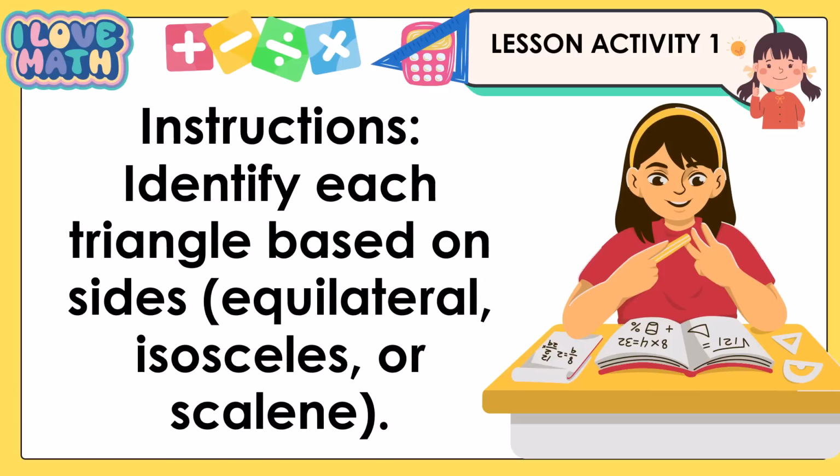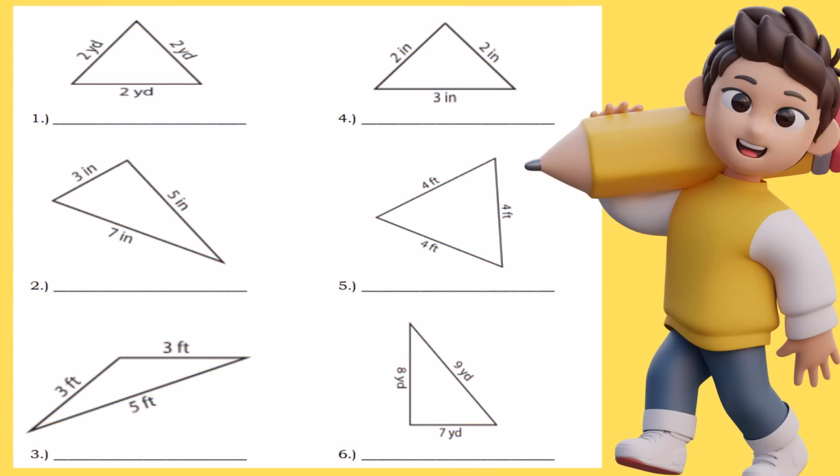Instructions: identify each triangle based on sides: equilateral, isosceles, or scalene. Here are numbers 1 to 6.